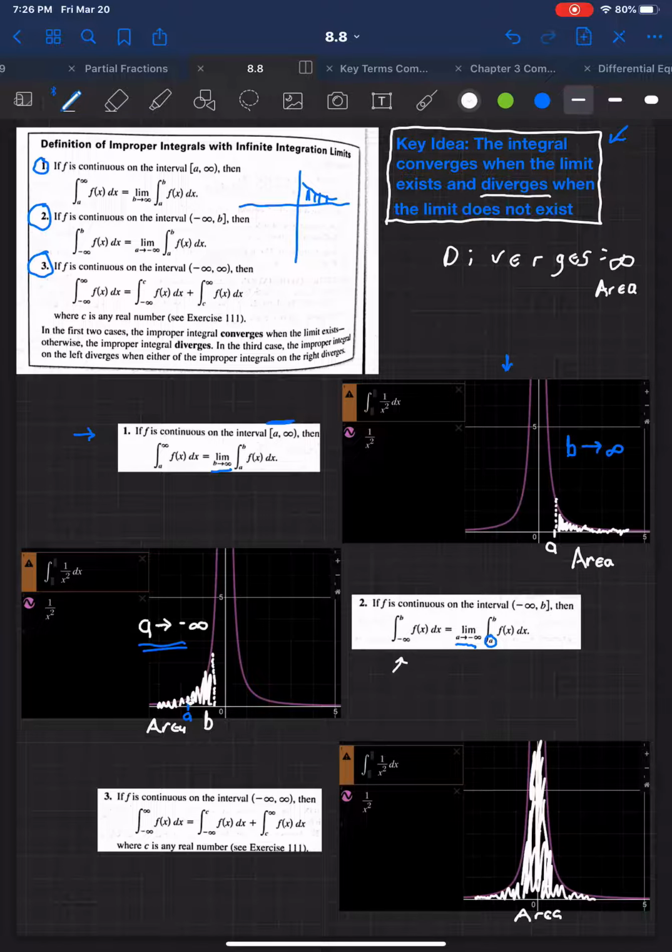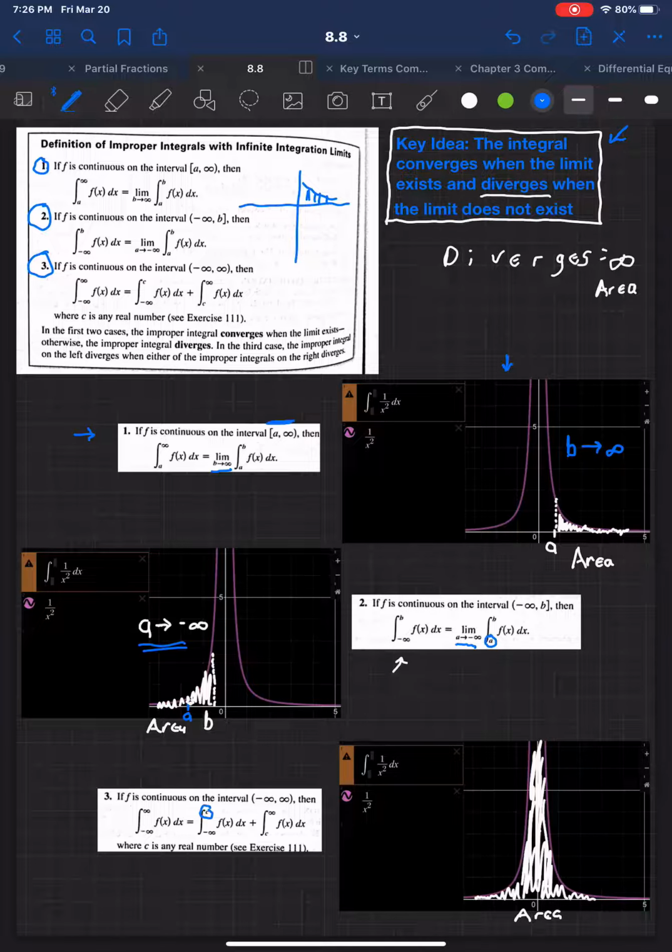I'm just trying to show you what it is that you want. So for the last example, notice that you're trying to go from negative infinity to positive infinity. You want the total area, right? And the way that we do that is, well, we're going to choose some value c. So let me read this. Of course, your function has to be continuous from negative infinity to positive infinity.